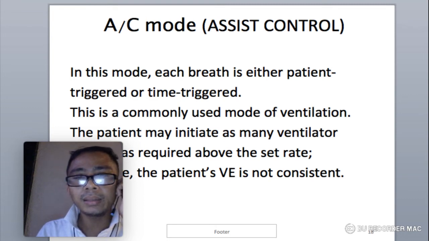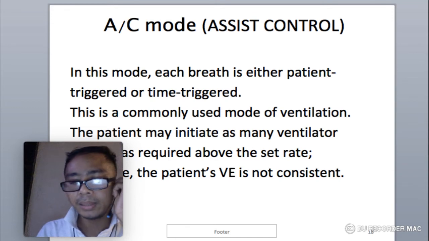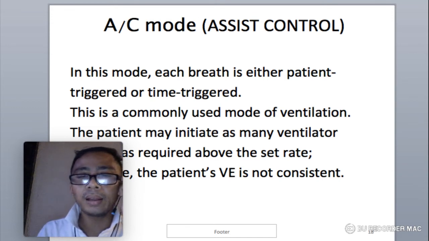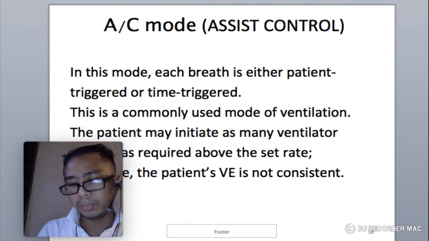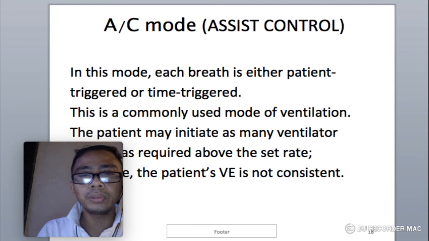If he does not trigger, the ventilator will trigger based on the preset respiratory rate or breath rate. So mostly coma patients are always put on the AC mode. For critical cases or when a patient is first initiated, one of the initial parameters is the AC mode.